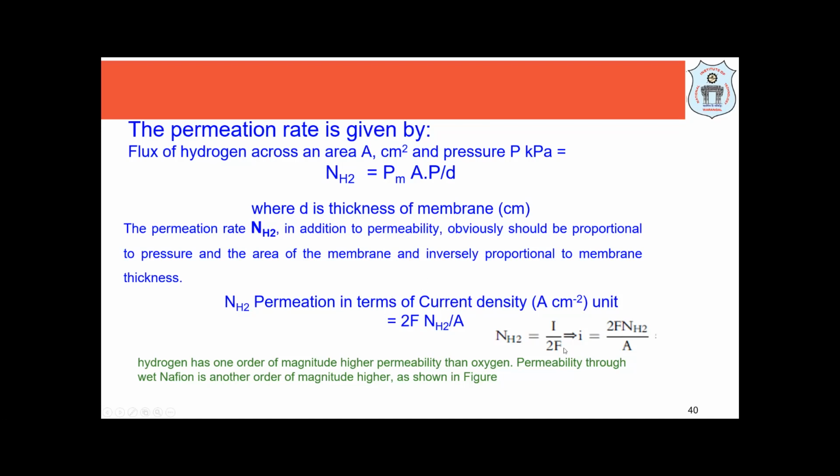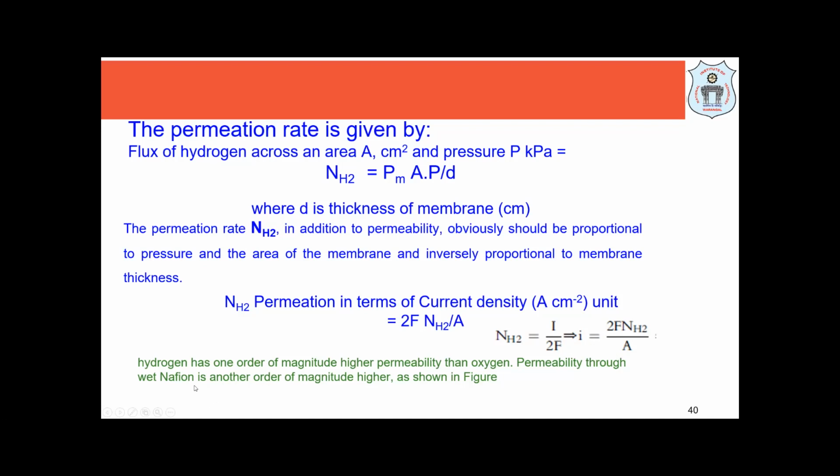You can rearrange to write, if current density is i, then N_H2 is equal to i divided by 2F, which when rearranged gives small i equal to 2F N_H2 by area. Here current density is current divided by area, right? Ampere per centimeter square. So this way you can write.